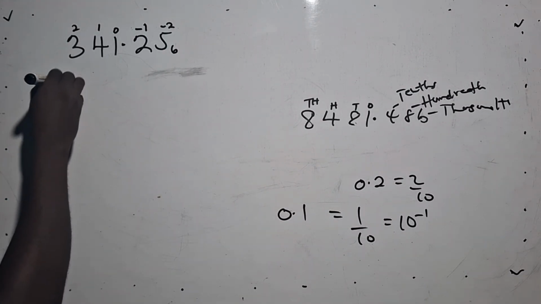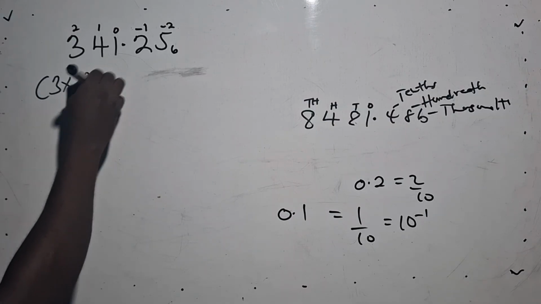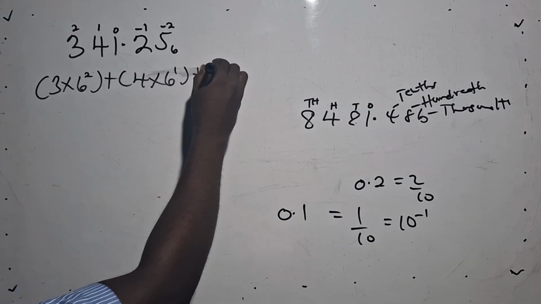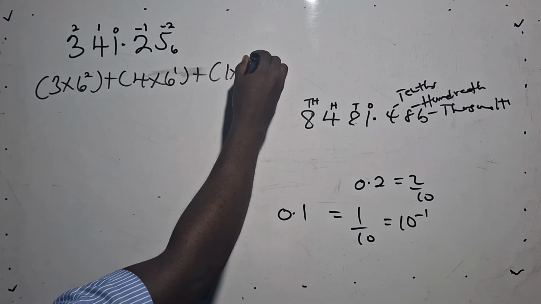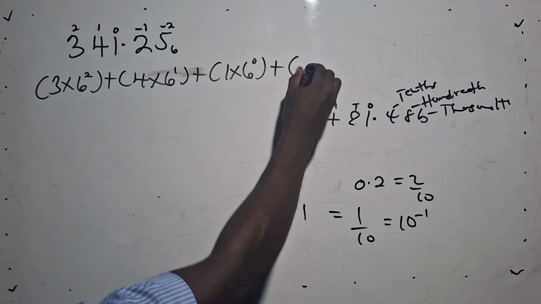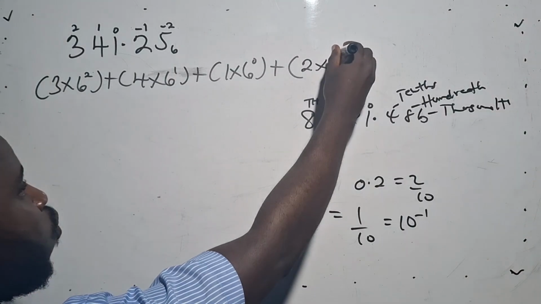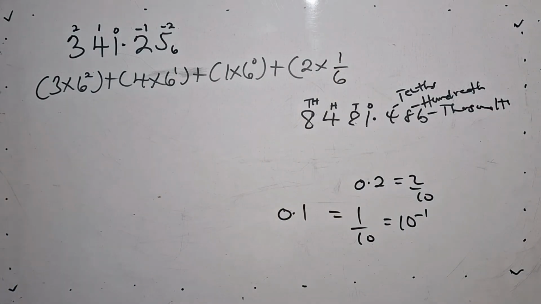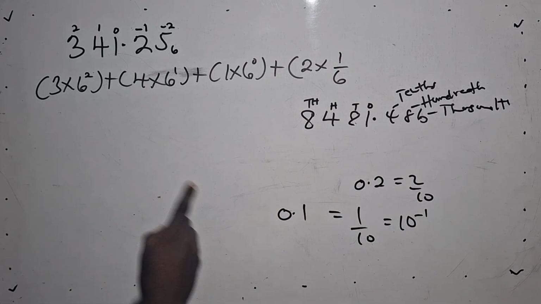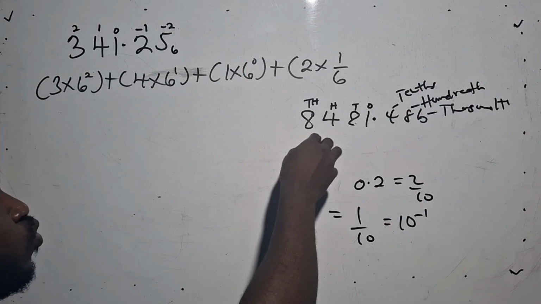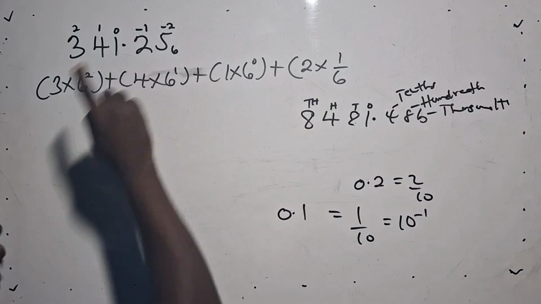So this one will be 3 times 6 power 2, plus 4 times 6 power 1, plus 1 times 6 power 0. Now, plus this one is going to give me 2 times 1 over 6. I'm working in base 6, not in the decimal base. If it were decimal base, I would use 1 on 10 because this is tenth.